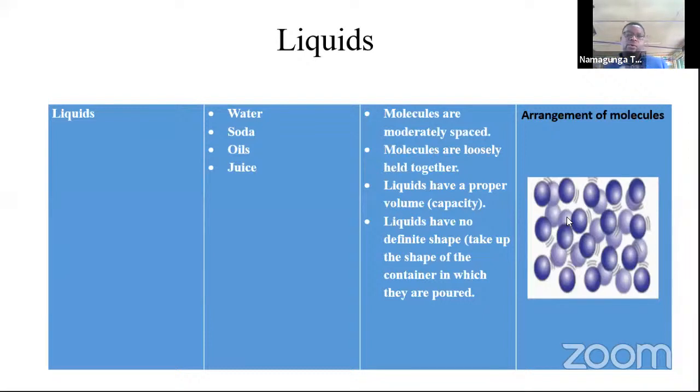Then number 4, which is our last point on the characteristics, I request Atrinda Medri to read for us the last characteristic of liquids. Unmute, please.